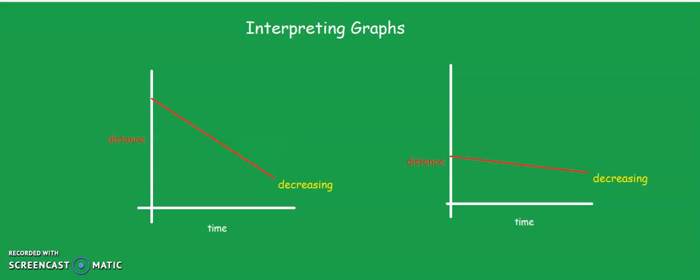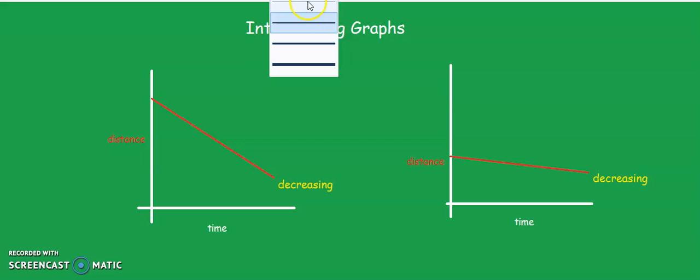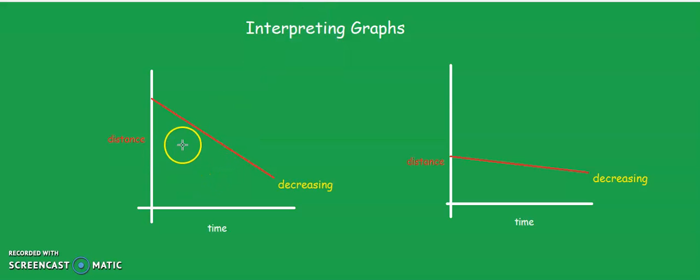So we can look at that by picking 2 points in time like we did earlier. Let's pick this point in time right here. At this particular moment, my distance is about here.